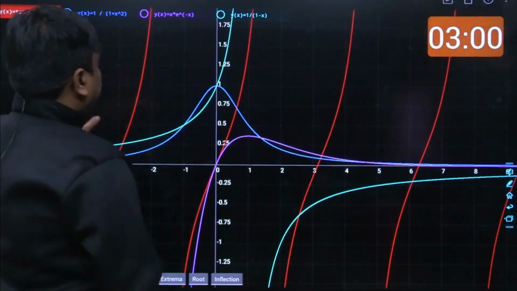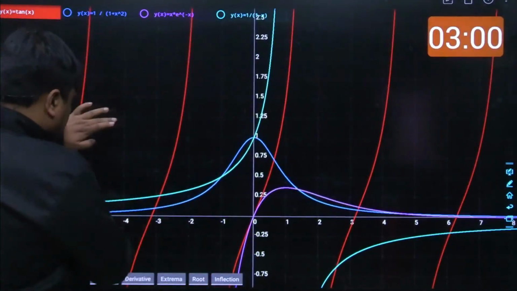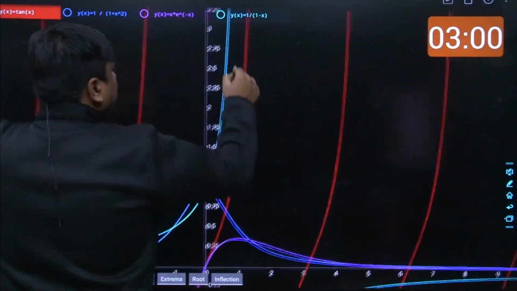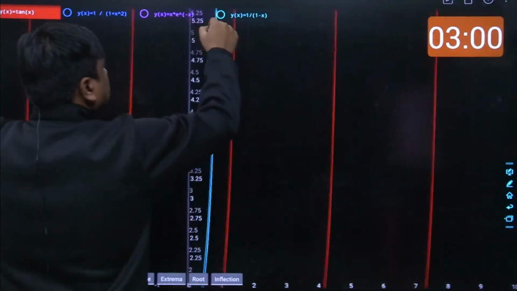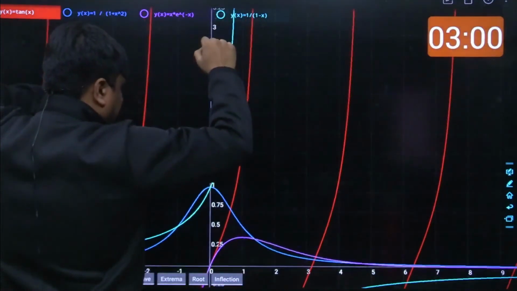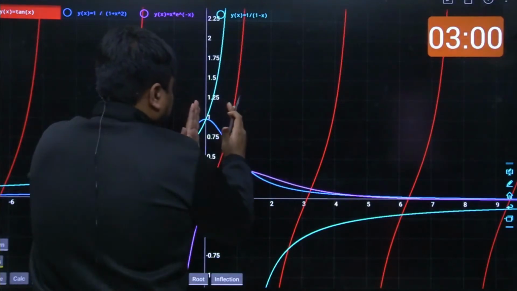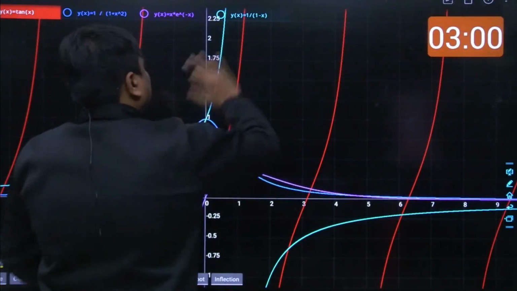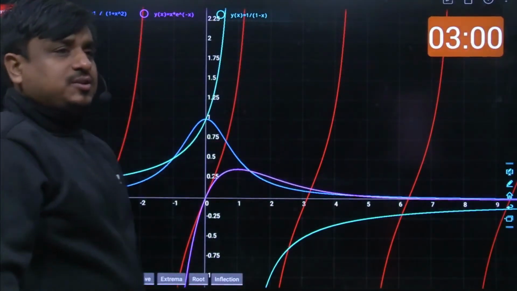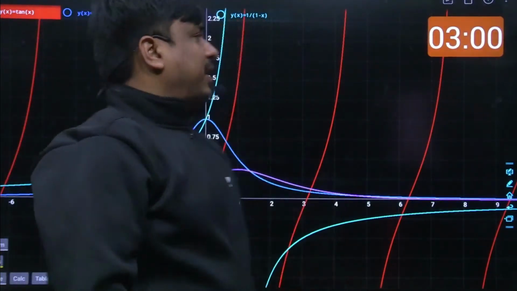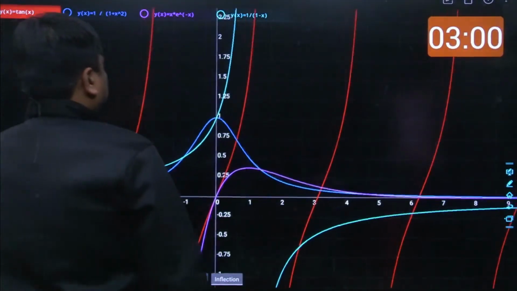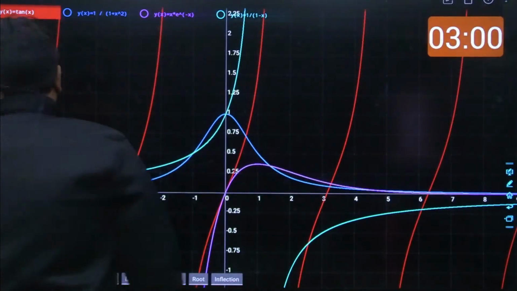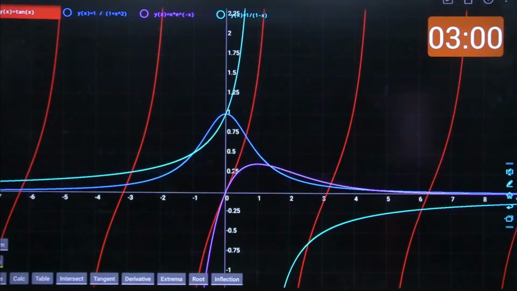Now it comes 1 divided by 1 minus x. See, this keeps increasing. At 1, it is making the magnitude infinity. So if you try to encapsulate the area between 0 and 1, what would happen? It is absolutely divergent in nature. Did you understand what I'm saying? Did you understand what exactly I want to say?